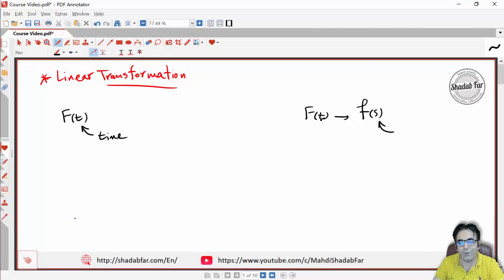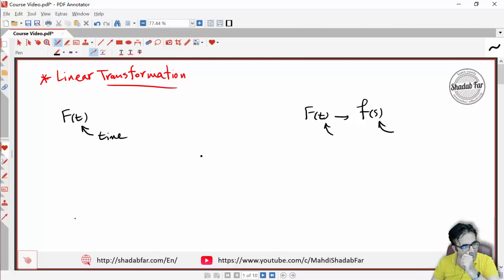That means I don't want to work on this function with time as a variable, but I'd like to change the input variable and make it into a new one, which I call s here. But how to do that?